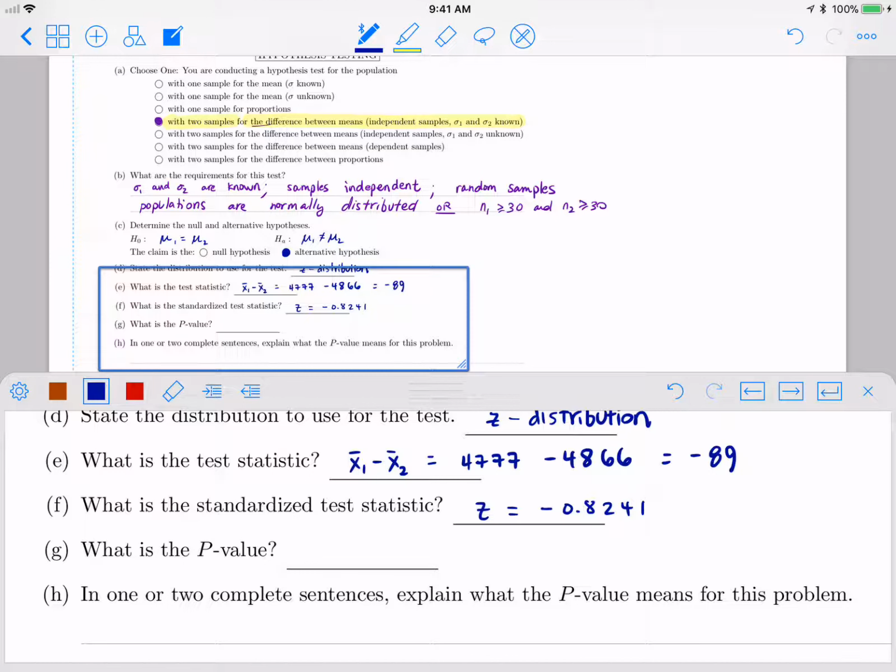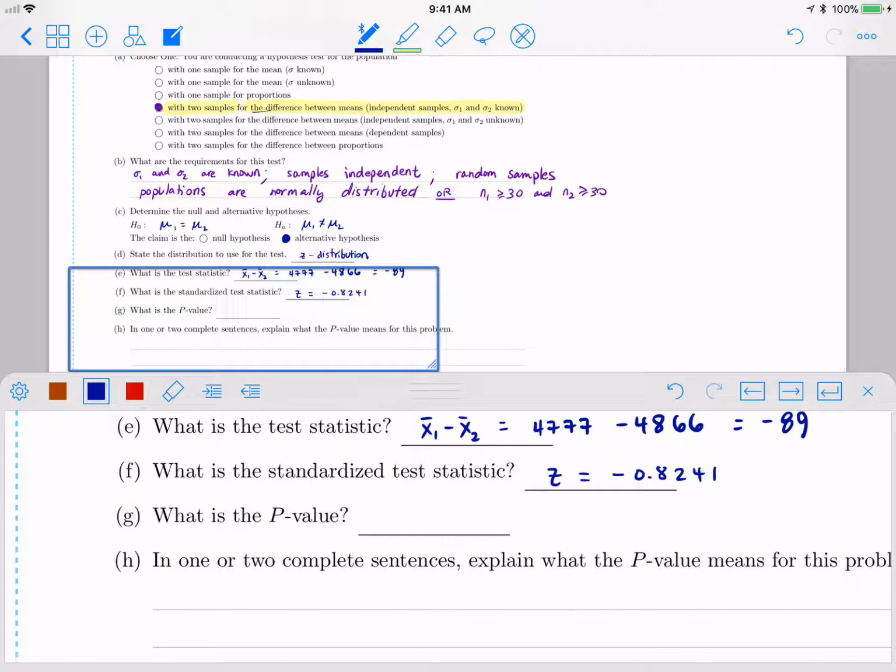And now remember, you can also do this more quickly by using your calculator. The output when you do a 2-sample z-test includes the standardized test statistic.